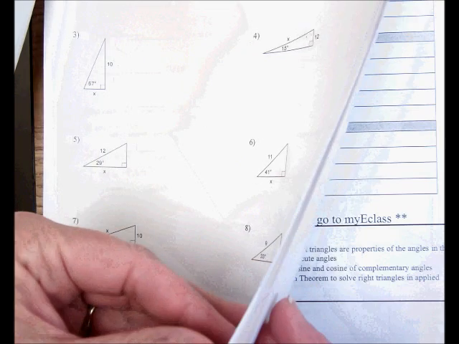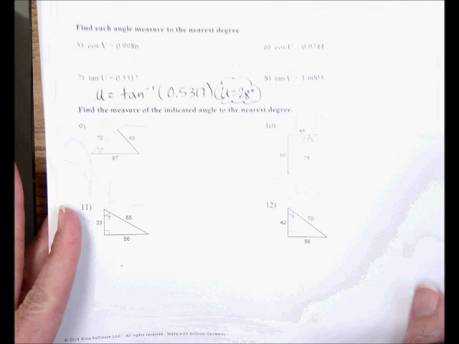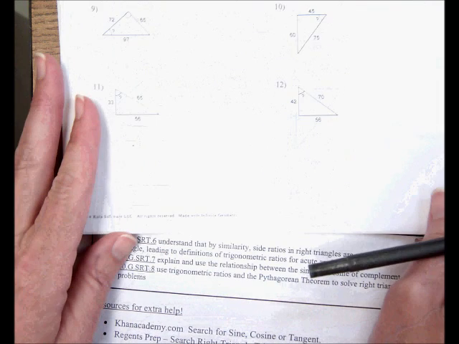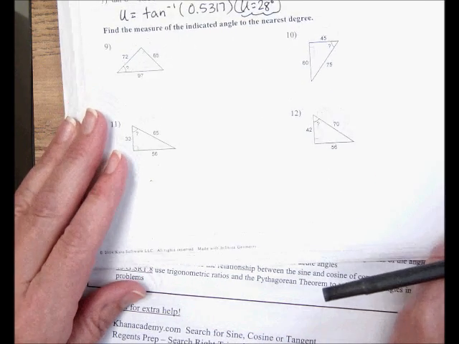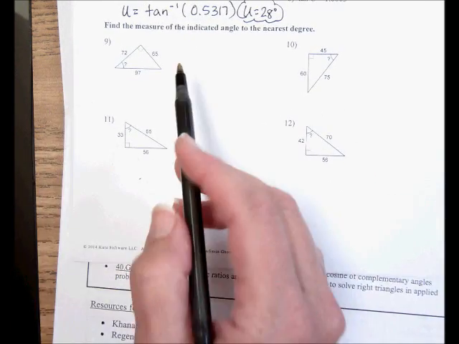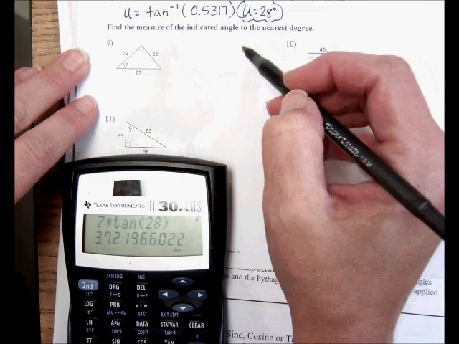To solve for x, I multiply both sides by 7. So I have 7 times the tangent of 28 degrees, and in that particular problem, x is equal to 3.7. That's how we use the relationships, SOHCAHTOA, to solve for missing sides.